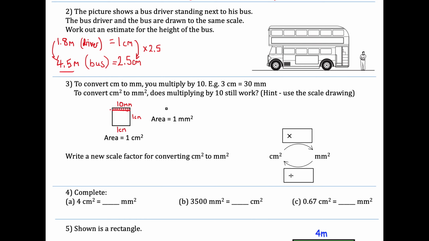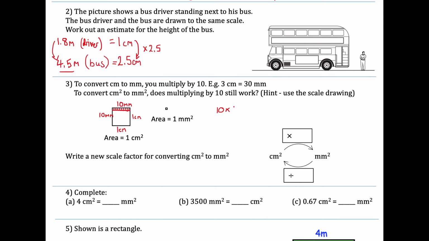Okay, so there's 10 just along one row, so no, there's not 10 in the whole thing. There's also going to be 10 rows of that. Okay, so what we're actually going to have is 10 times 10, 10 rows of 10, so 100.